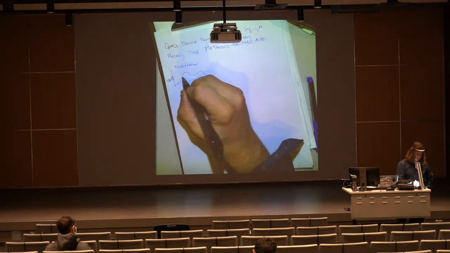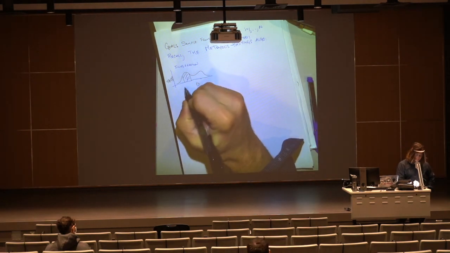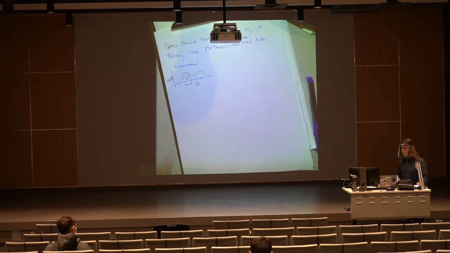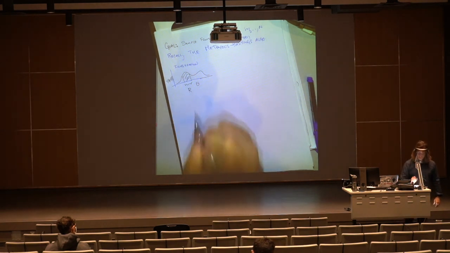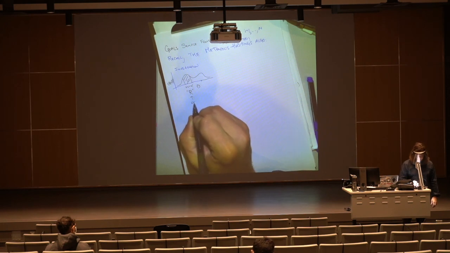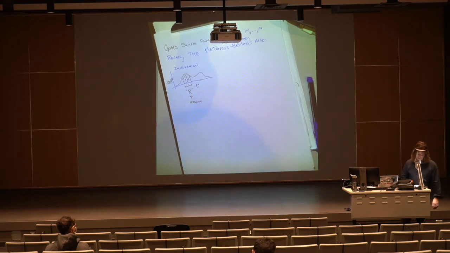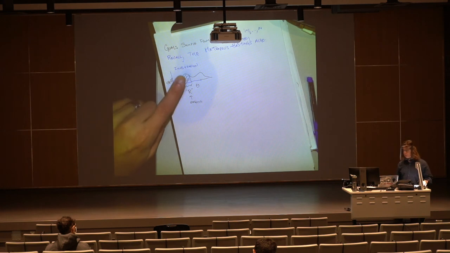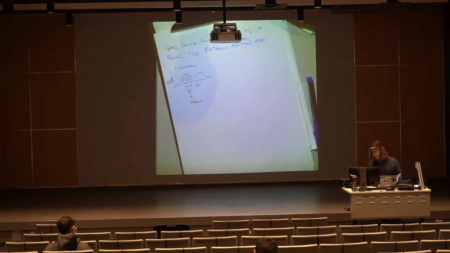And what I mean is that I'm going to grab samples in this region right here. So this is my region R. And I'm going to grab them with probability proportional to the area under that curve.